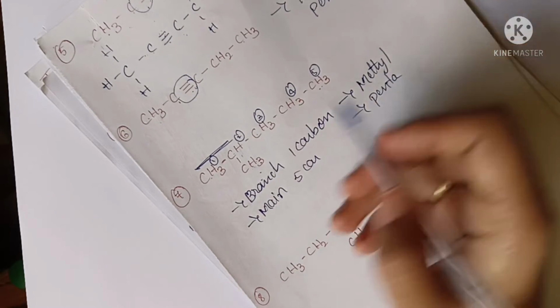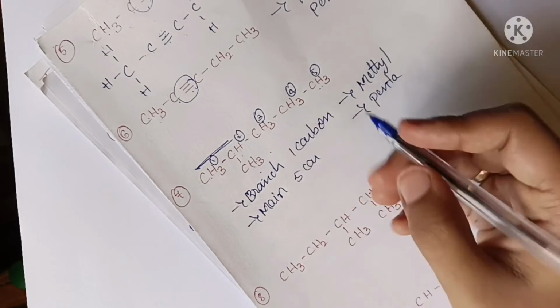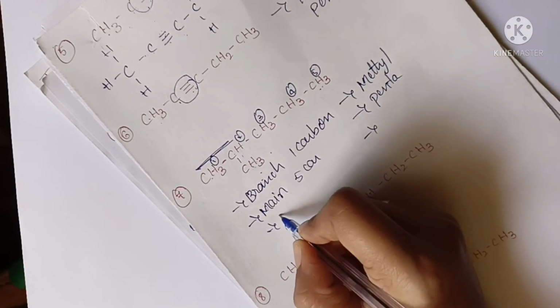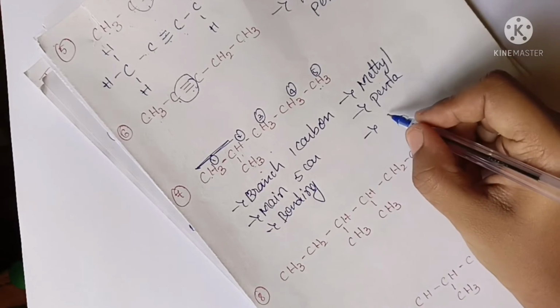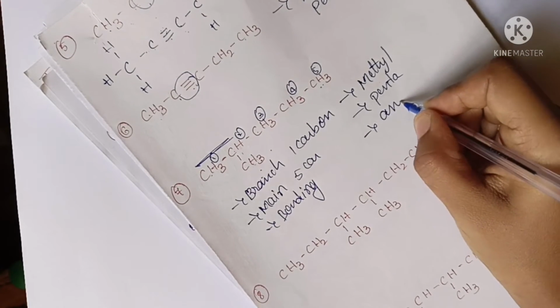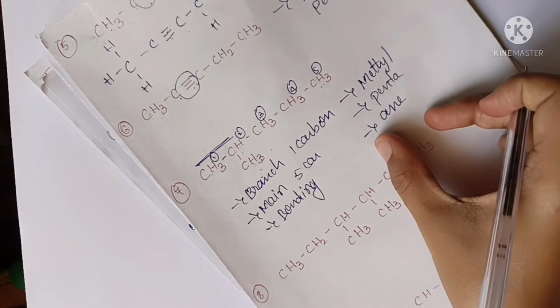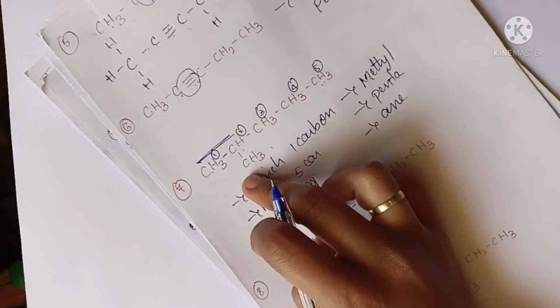Next, there is no double bond or triple bond here. The bonding shows "ane". By combining these three we have to name this.